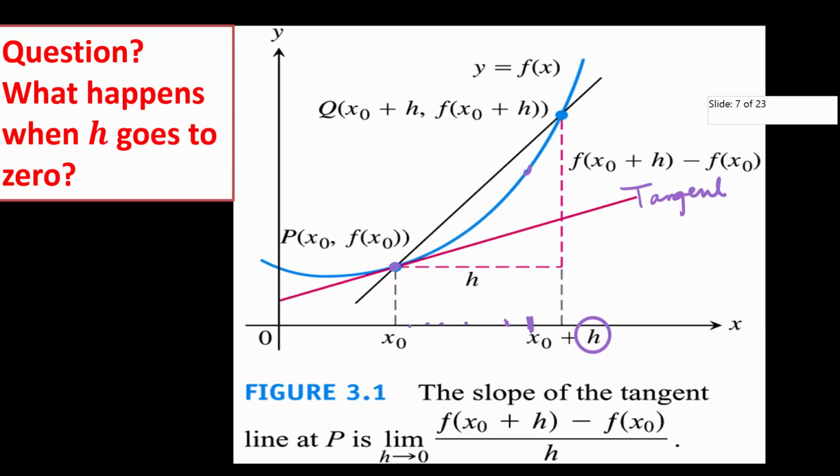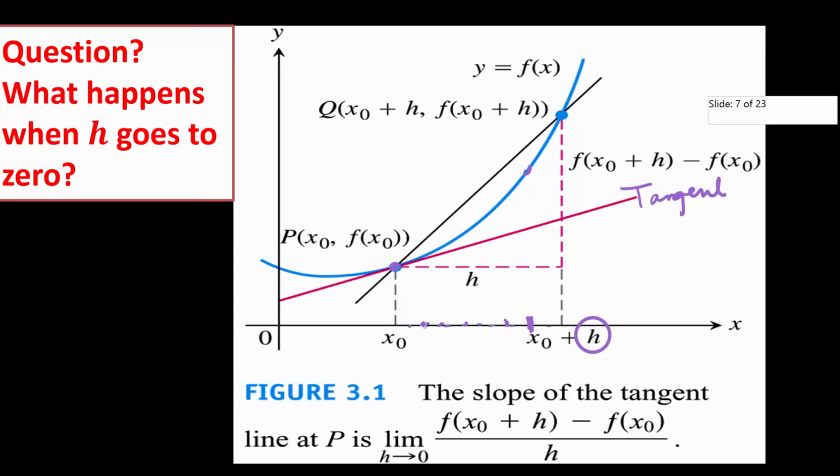We say then that the slope of the tangent line at P would be the limit of this secant slope function. This is a slope function, and then you let h approach 0, because x sub 0 plus h is going to get closer and closer right here.